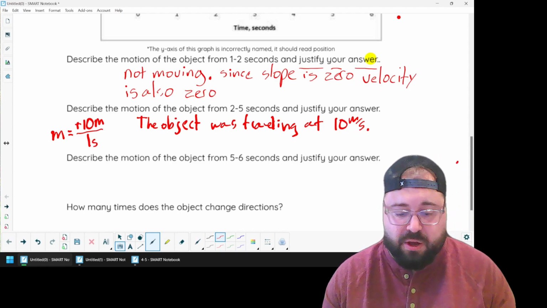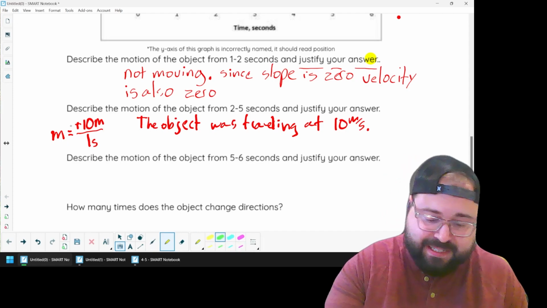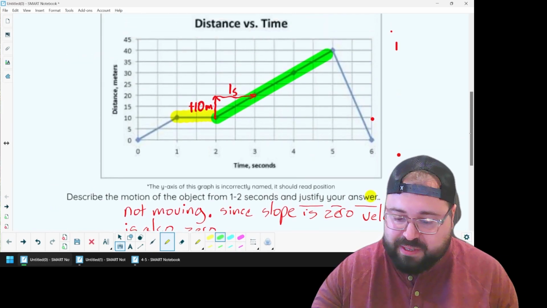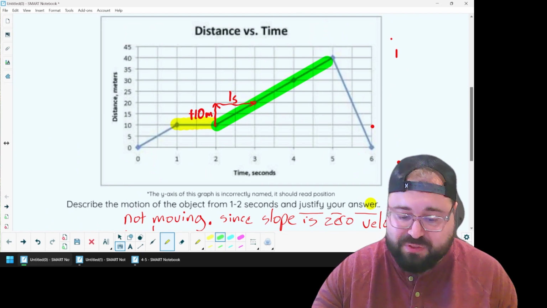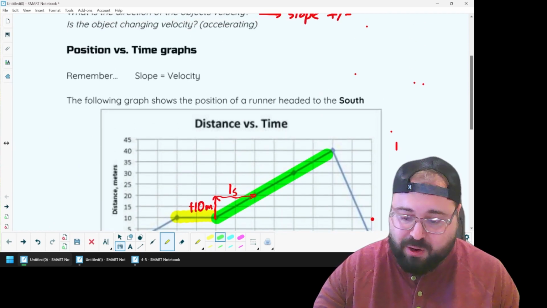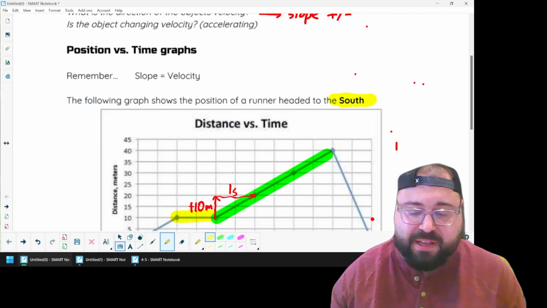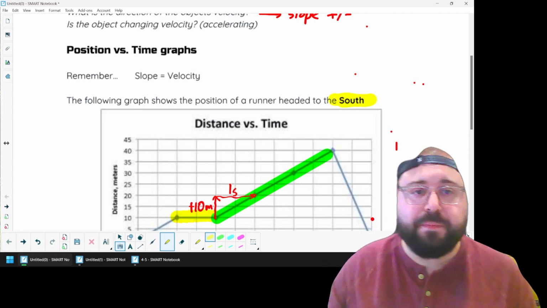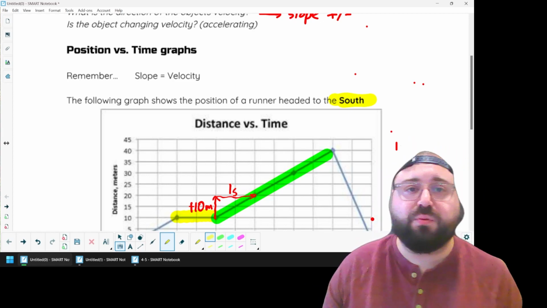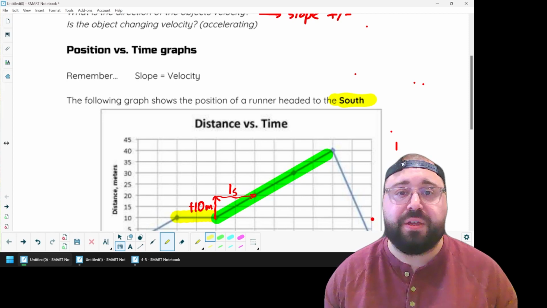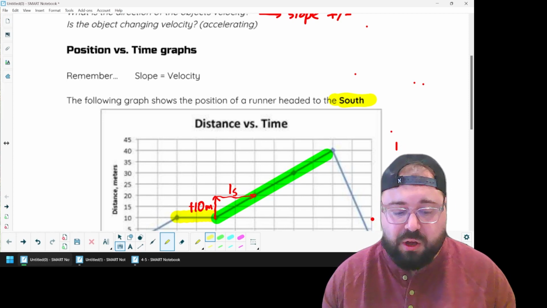Which way was it going? Well, again, let's look at whether the slope of this thing is positive or negative. We have a positive slope here. So which way are we going? Well, to answer this properly, we've got to go back to the original graph. It says this shows the position of a runner headed south. So what this is saying is south is the positive direction along our graph.